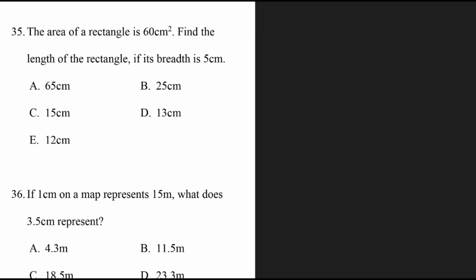Alright, question 35 says that the area of a rectangle is 60 centimeters square. So the area is equal to what? 60 centimeters square. Find the length of the rectangle if the breadth is 5 centimeters.